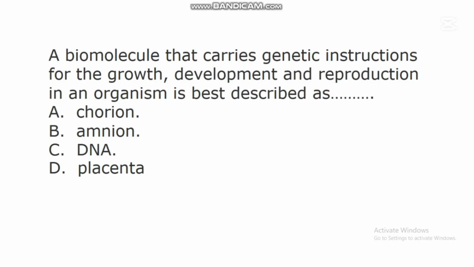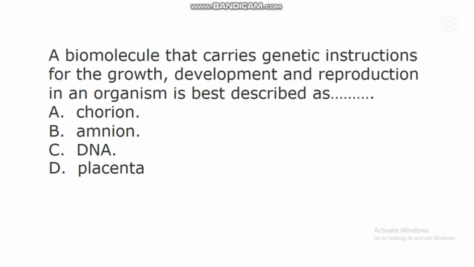The first question we have here says, a biomolecule that carries genetic instructions for the growth, development and reproduction in an organism is best described as dash. A. Chorion. B. Amnion.